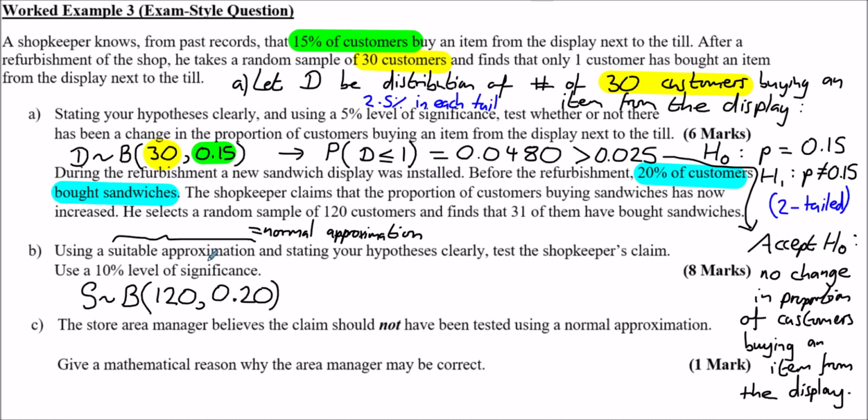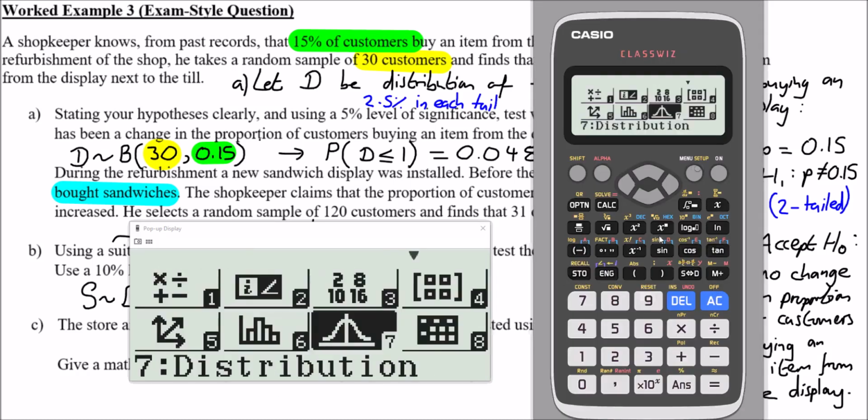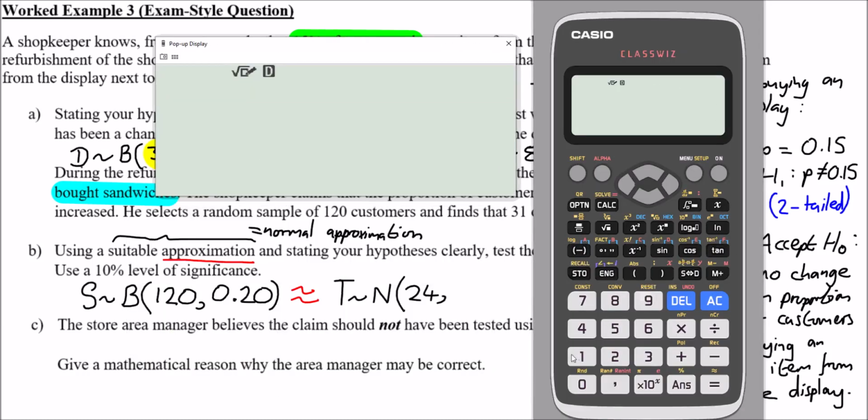Now we approximate, so that's going to be approximately equal. If S is binomial, I'm going to go one letter up. After S comes T. I can approximate this by T being normal. The mean is n times p, so 120 times 0.20 gives 24, and the variance is 120 times 0.20 times 1 minus 0.20.